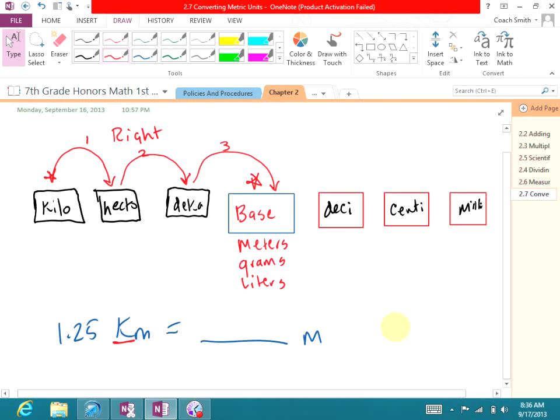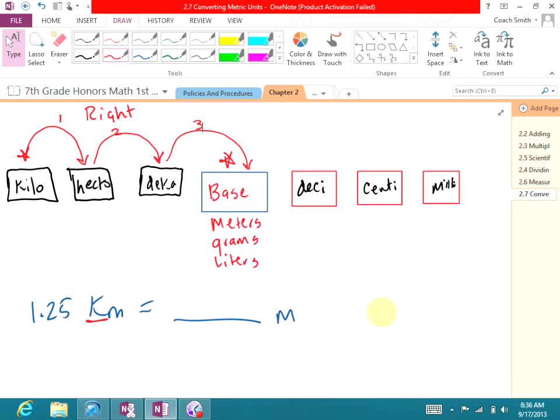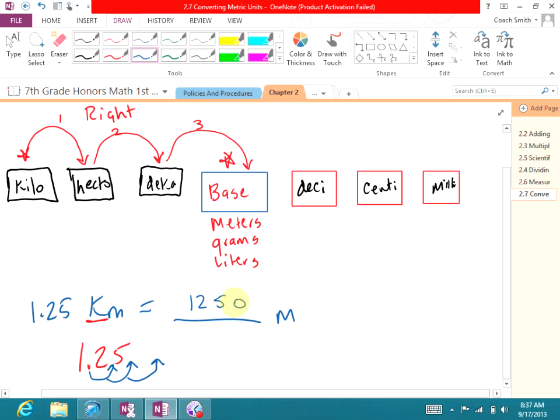So, in my problem then, I take 1.25 and I move the decimal once, twice, 3 times. And so that gives me 1,250 meters. So basically what I did is I took 1.25 and multiplied it by 1,000. That's why I moved it to the right.